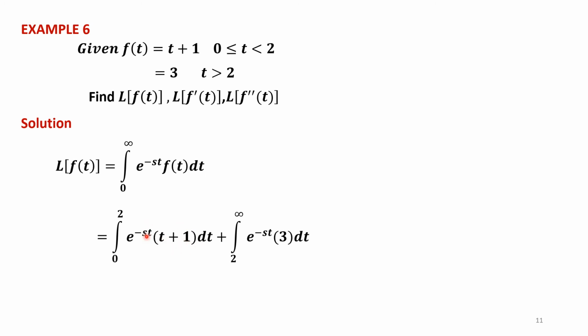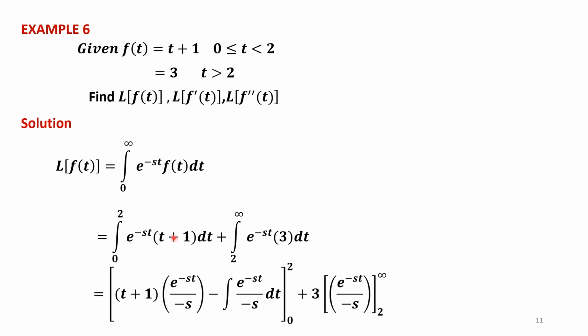So let u be equal to t plus 1 and v be equal to e raised to minus st. Use the u-v rule or integration by parts: u integral v minus integral of derivative of u into integral v. And then here 3 can be taken outside.